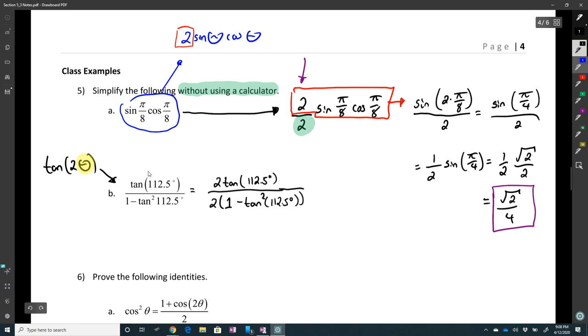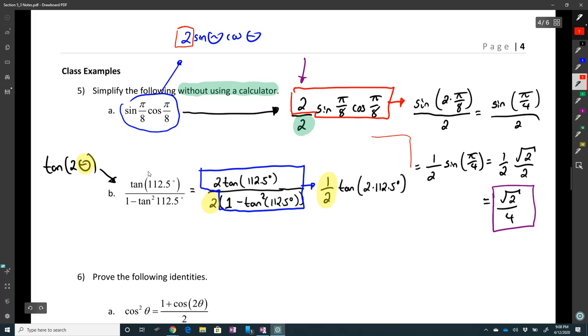The reason is all of this is my formula. So this becomes 1/2 the 2 that's on the outside. So this 2 right here becomes the 1/2 of, and the formula is double 112.5. And so double 112.5, or I'll just go ahead and write it out, 2 times 112.5 degrees.